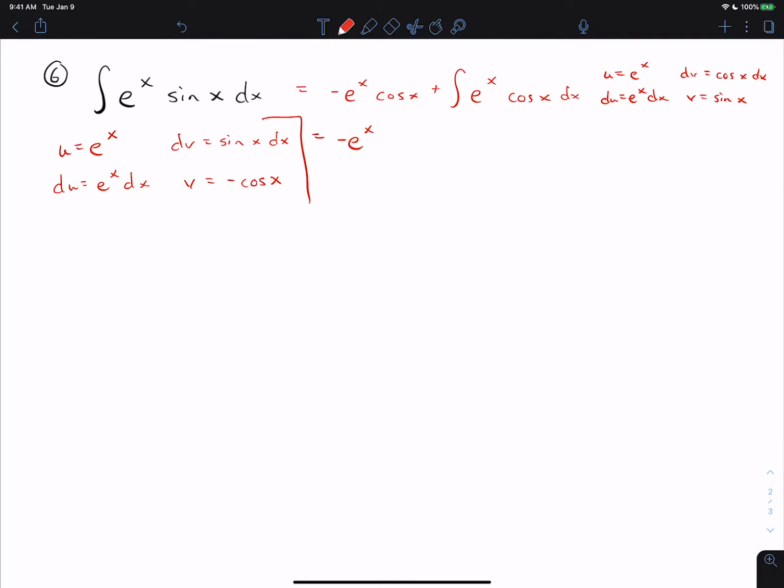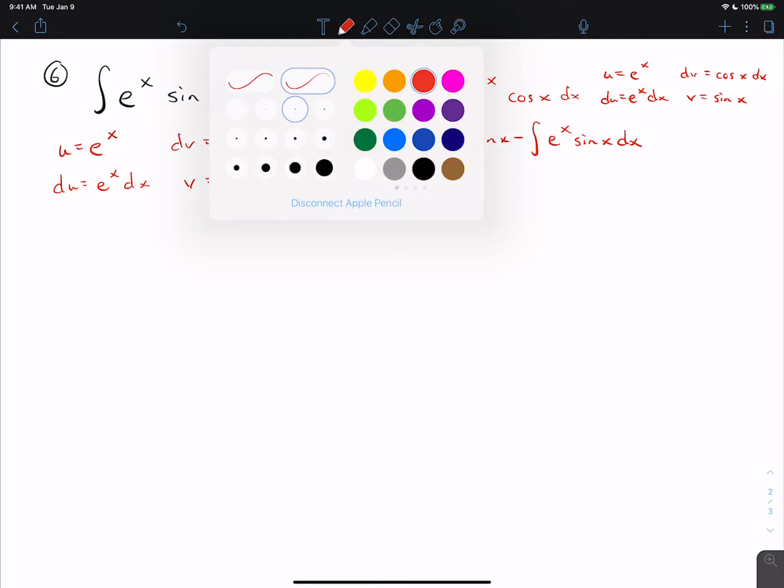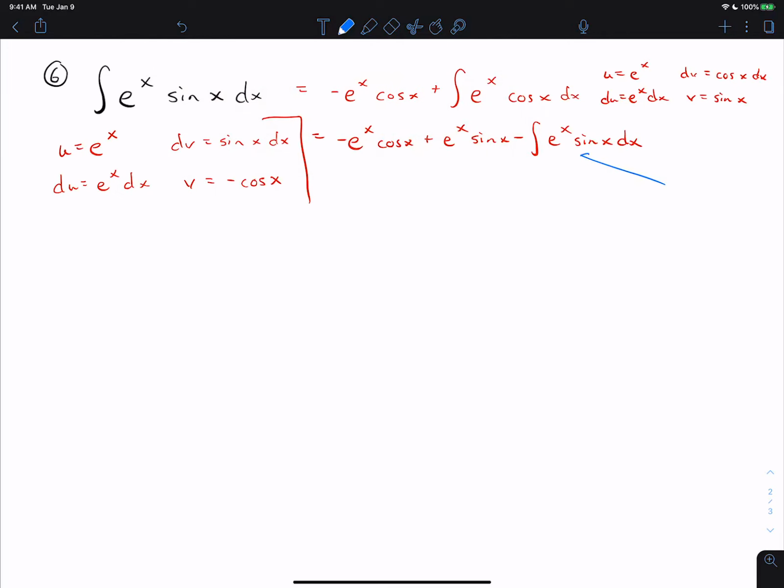So we get negative e to the x cosine x plus the integration by parts formula. So that's e to the x sine x minus the integral v du, but that's e to the x sine x dx. That integral is the same as the integral that we started with.